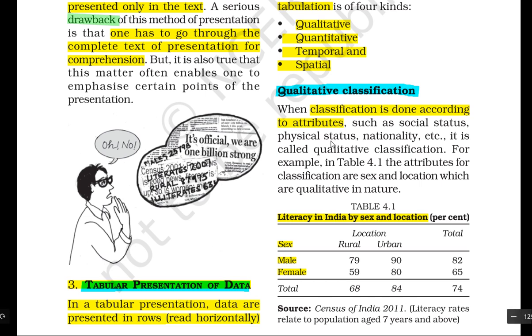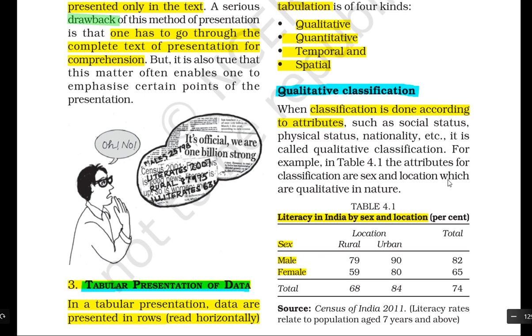For example, physical status, social status, nationalities, these are not quantified. These are the qualities of the people. So they can be classified according to quality, according to their attributes. So that's why it is called qualitative classification.